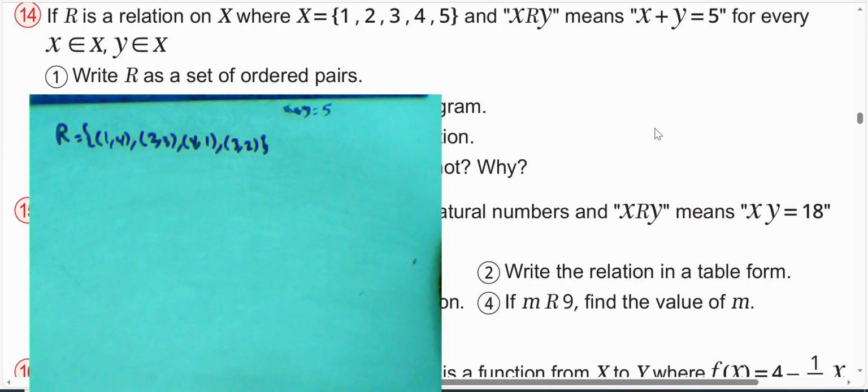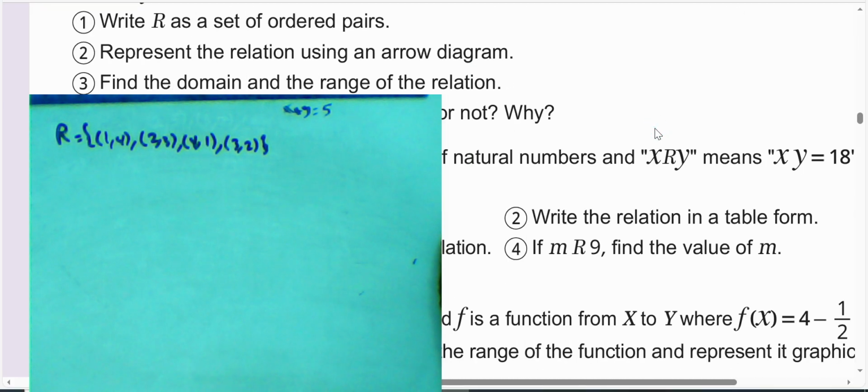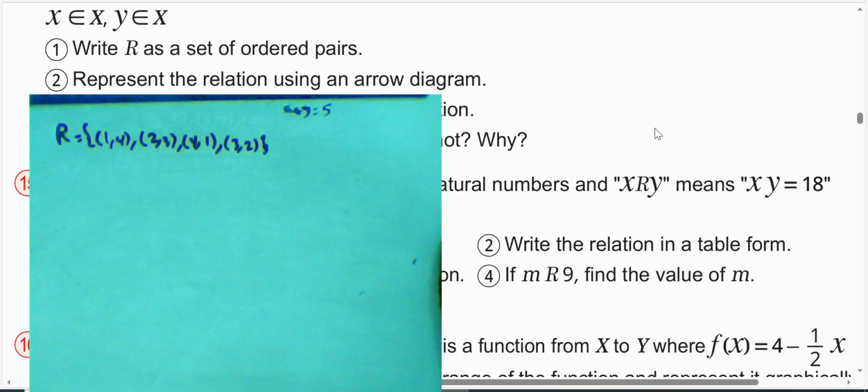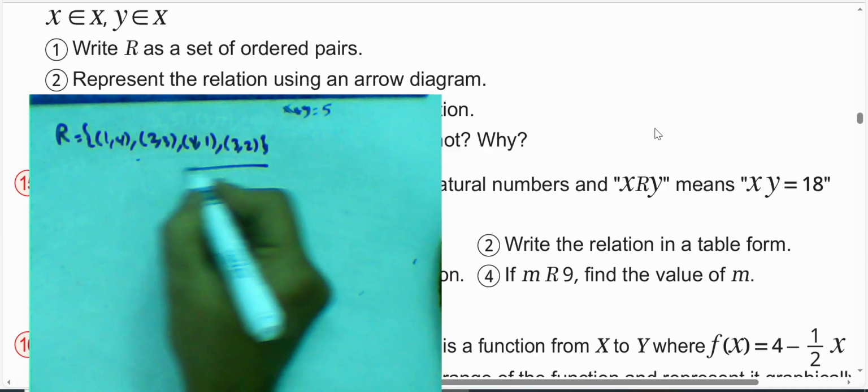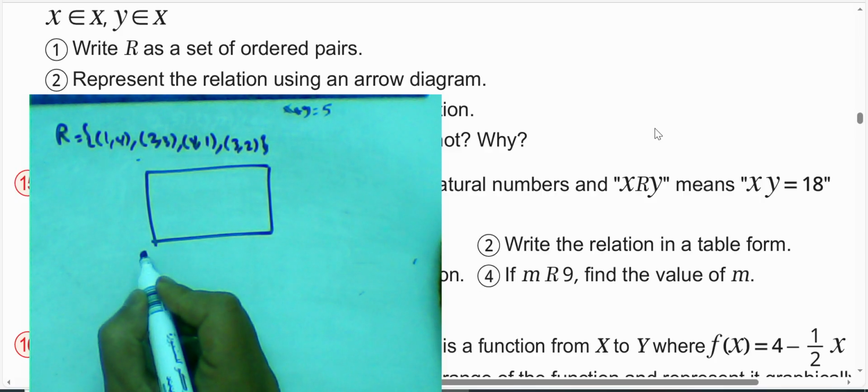Next question. Number 2: represent the relation using an arrow diagram. Okay, we can draw x. We have one set, x here.